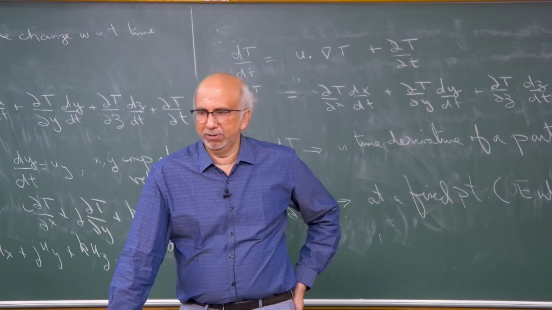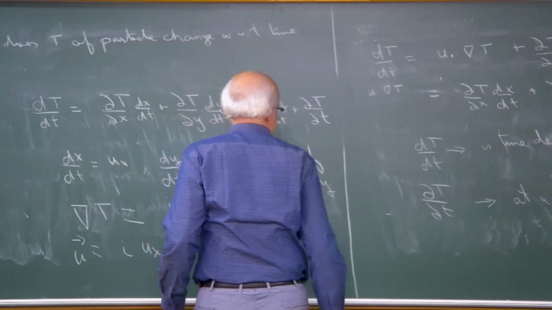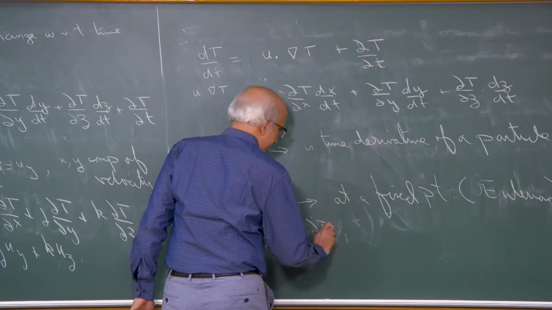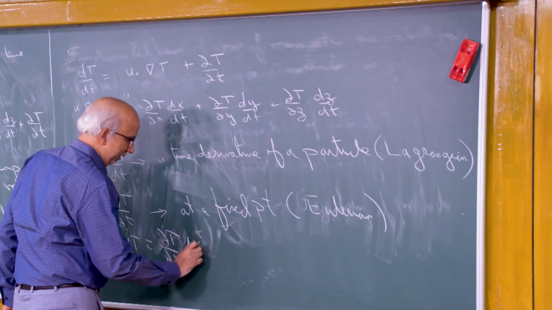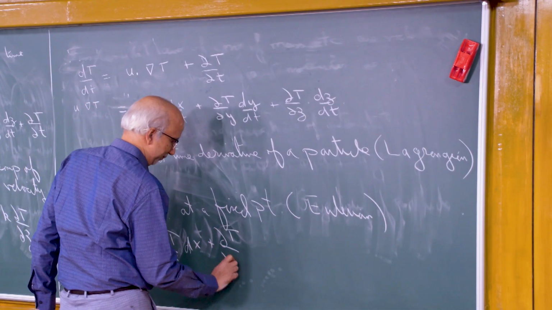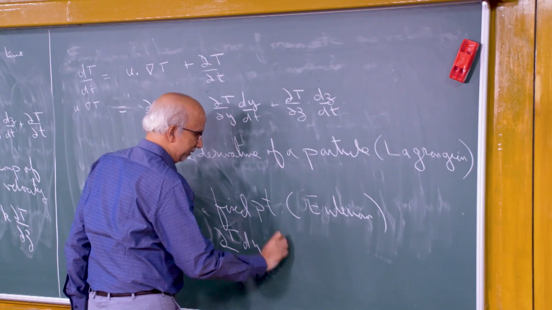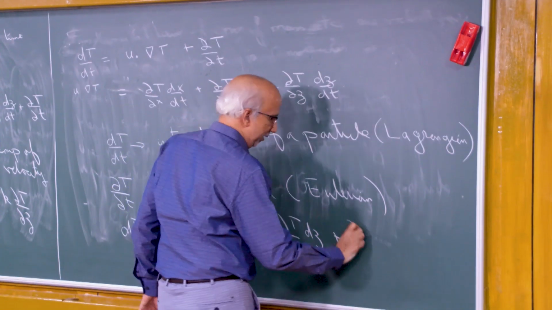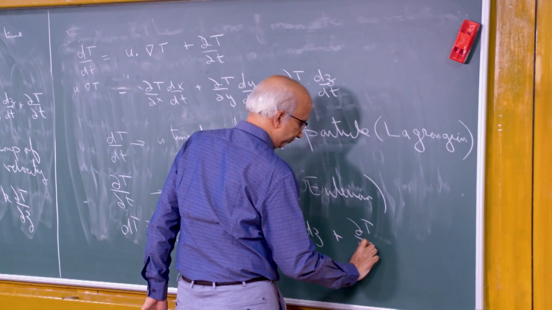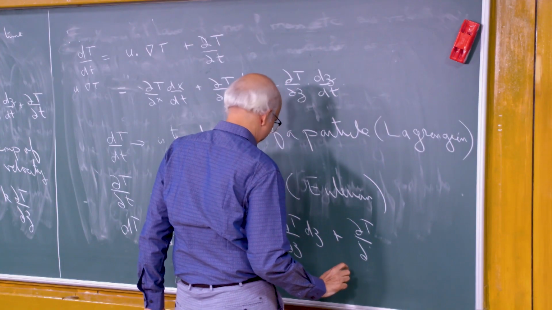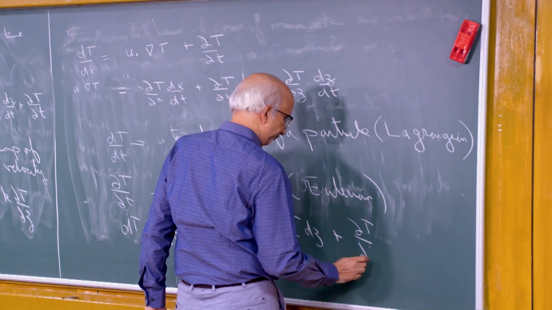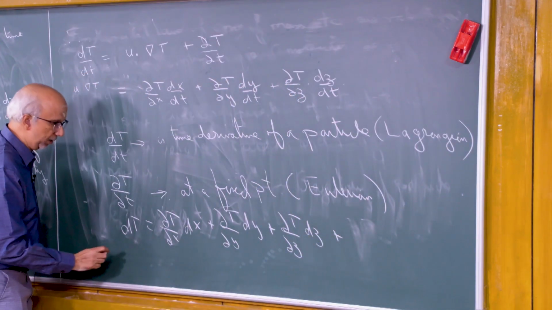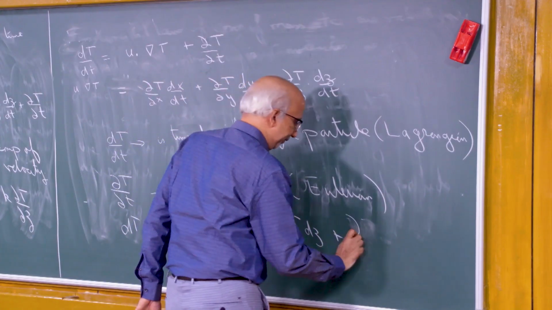And you must have studied this formula somewhere in your life: dT is equal to dT by dx plus dT by dy plus dT by dz plus dT by dt.